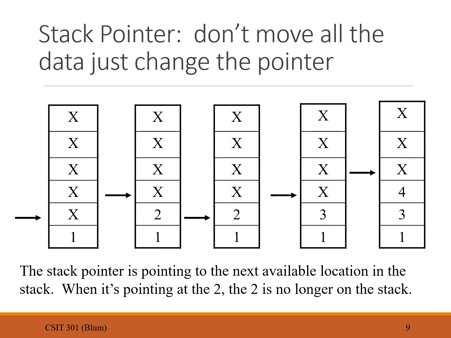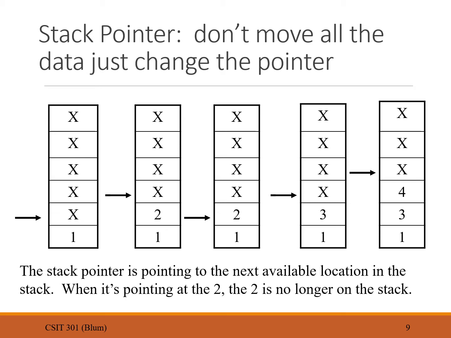Now, the top of the stack is controlled by what we call a stack pointer. So when we pushed a 1, the 1 was written in a register, and then the stack pointer was pointing at the next available register.